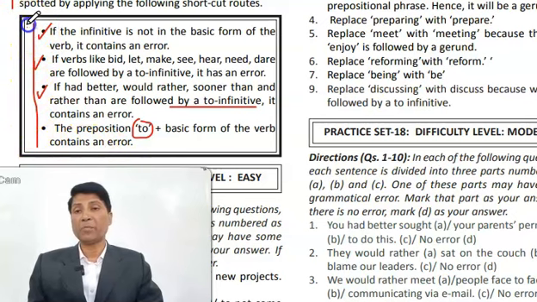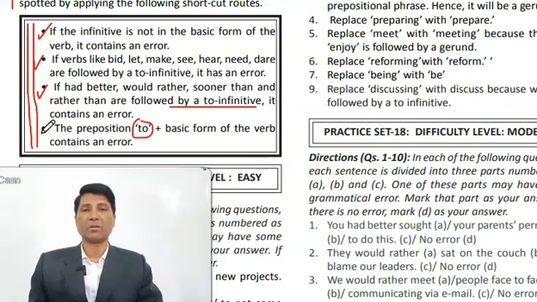So if you keep these 4 points in your mind while you are moving on to the practice sets, you can handle most of the questions based on infinitive. You can try it. And now we are going to begin practice set number 18. Let us see how to do it.